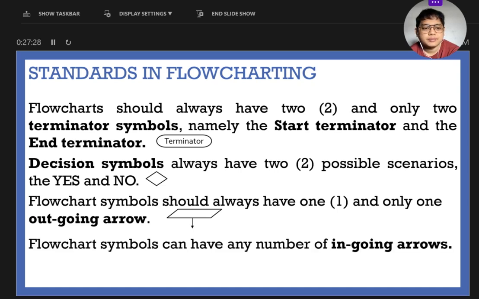And next, a flowchart symbol can have any number of incoming arrows. Since most symbols can follow from any of the other symbols, it is logically accurate to allow any number of incoming arrows. However, there is only one symbol that does not allow any incoming arrow, and this is the start terminator, of course. That is the beginning of the flow.